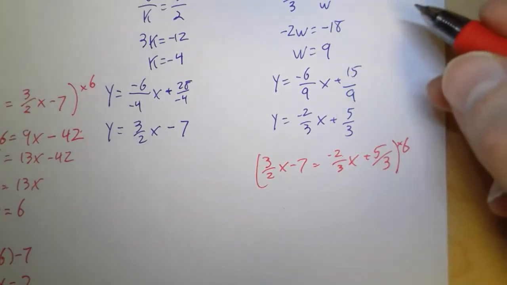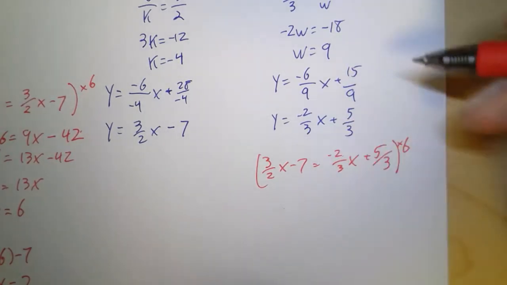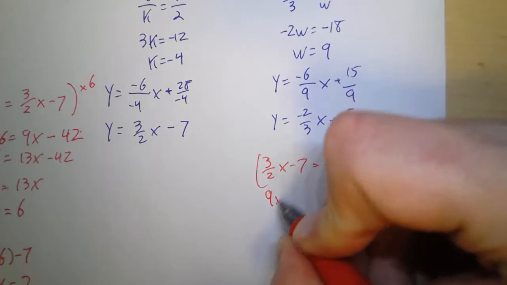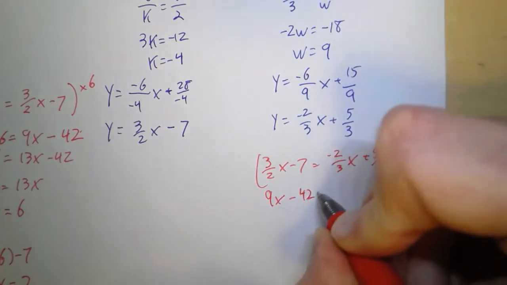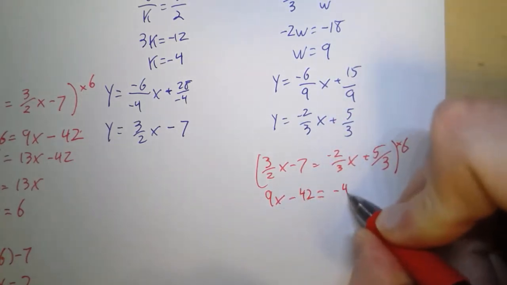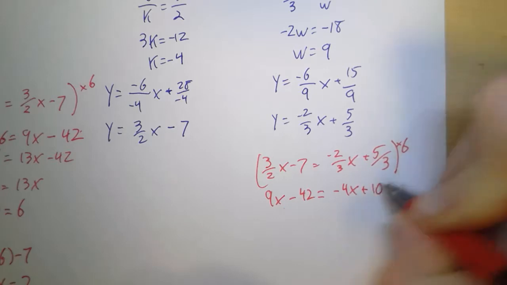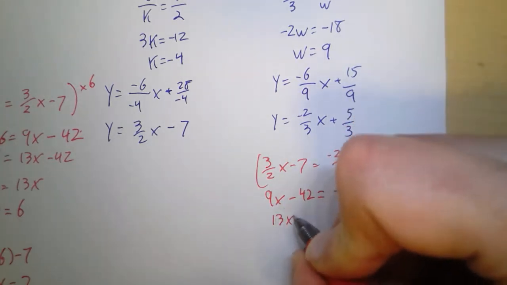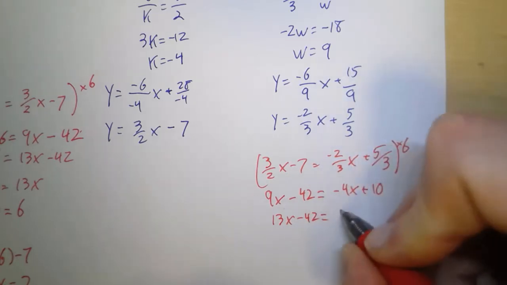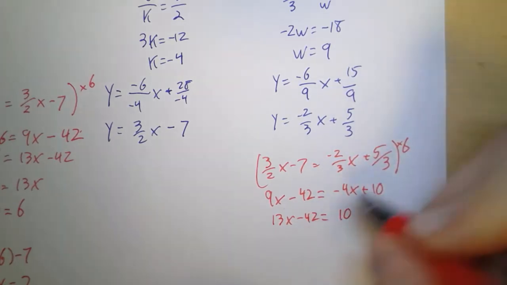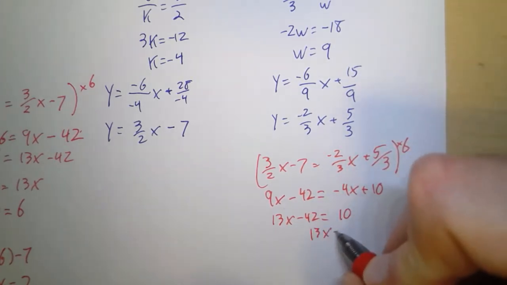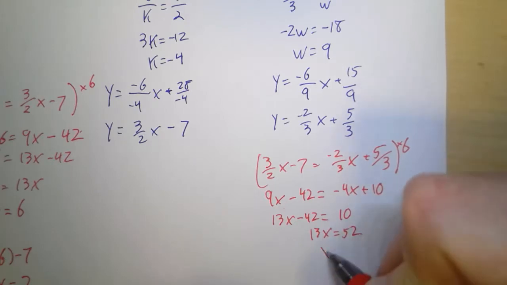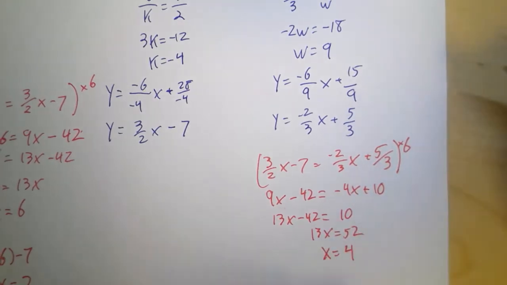When we do that, we get 9x minus 42 equals negative 4x plus 10. So I move the x over, so we have 13x minus 42 equals 10. Add the 42 over, so 13x equals 52, so x equals 4.